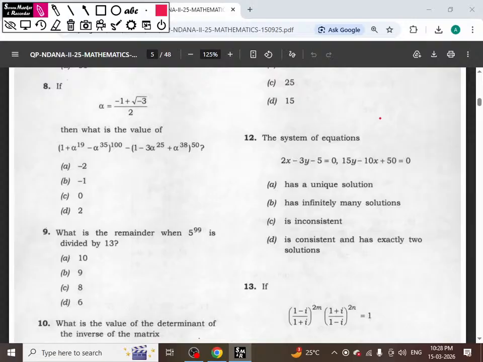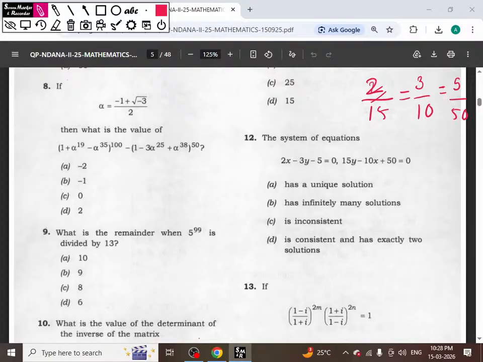So we have got this system of equations. So we simply have to, sorry, 2 divided by 5 equals 3 divided by 10, 5 divided by 3.